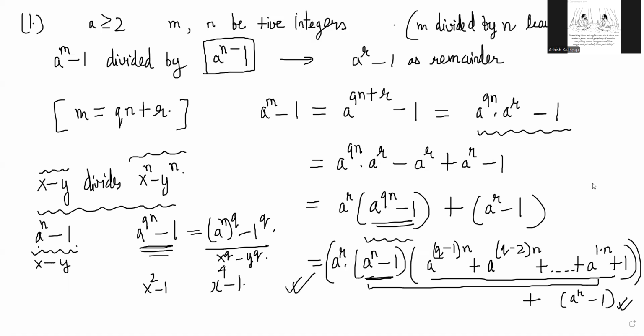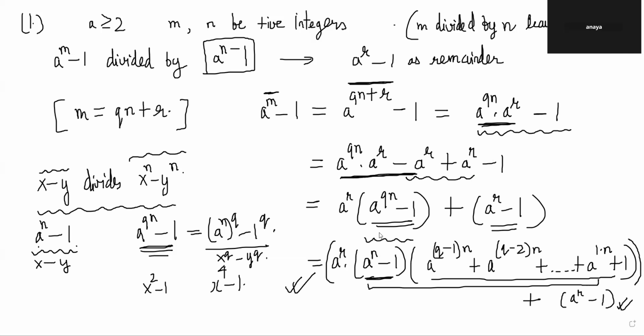So what we have done is written by division algorithm m as this, separated it out like this. The only tricky step is this, because then we get the required remainder, right? And we are also able to take a power r common here.